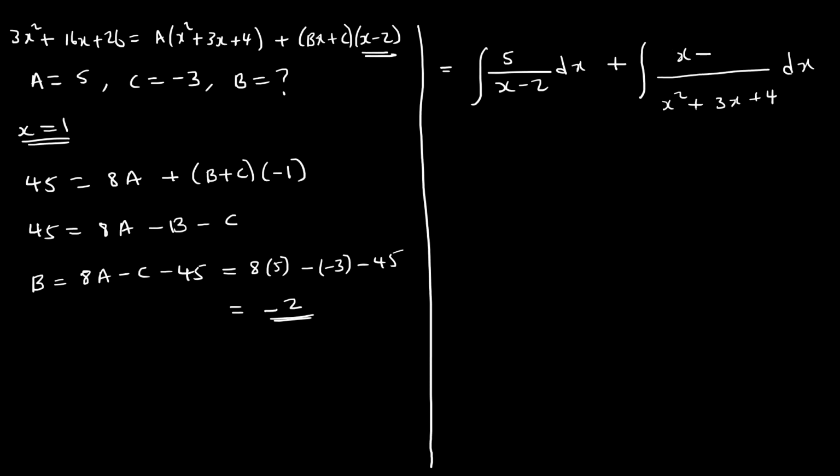Remember this is a over that plus bx plus c, so which means it should be minus 2x plus c. My c is what? Minus 3. Perfect.